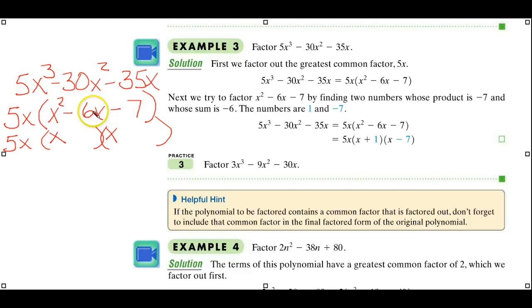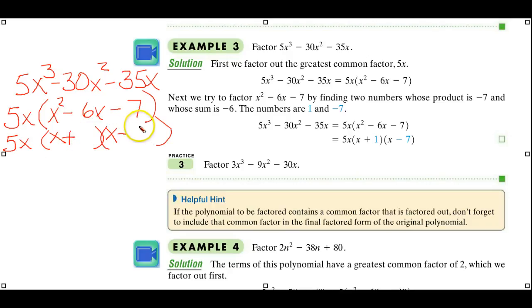In order for that to happen, one of these needs to be positive and one of these needs to be negative to end up with a negative. But for our middle term, we have a negative 6. So what are the possible combinations of factors of 7 that will give us a 6? Keeping in mind one's positive and one is negative.